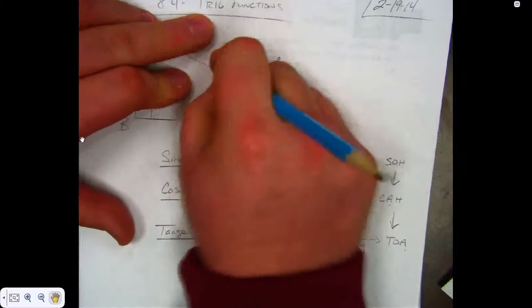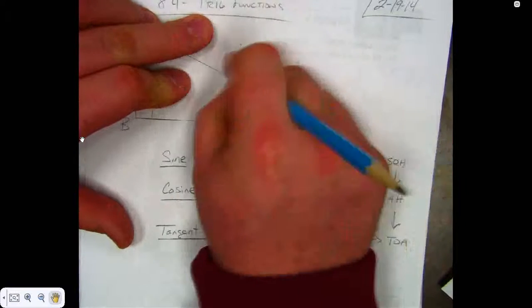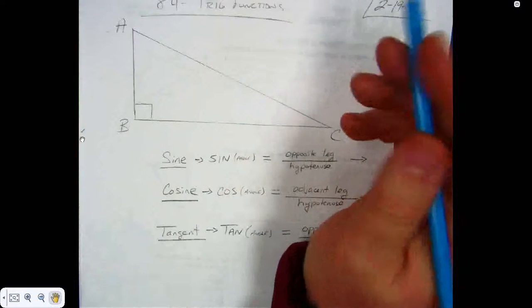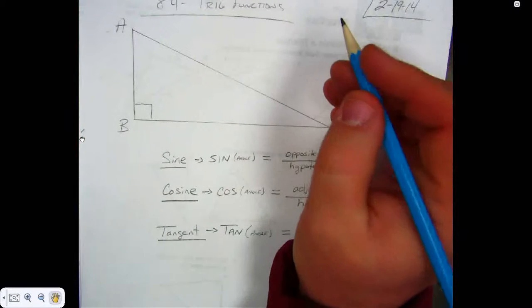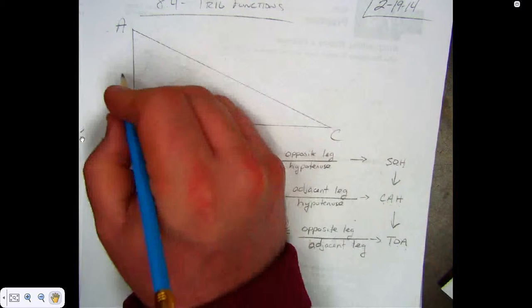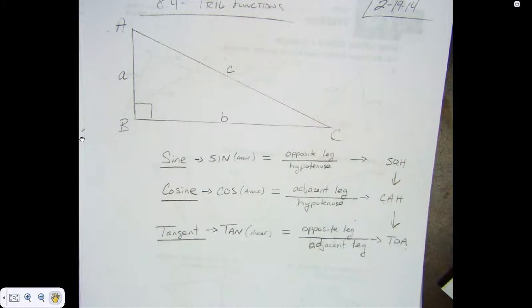I'm going to erase which ones here are the hypotenuse. I'm going to call this side A, the length of this side B, the length of this side C. Okay?